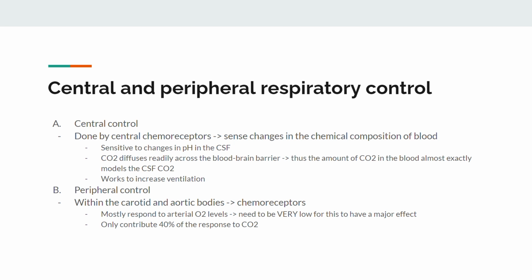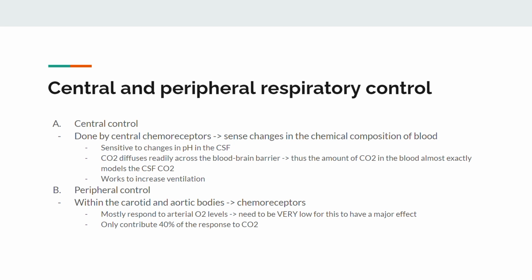So pretty much the amount of CO2 that's in your blood is going to be in the CSF. It pretty much mirrors it, which is great for central control of respiration. If there's an excessive amount of CO2 present in the blood, it'll diffuse through the blood-brain barrier and there will be an excessive amount in the CSF.